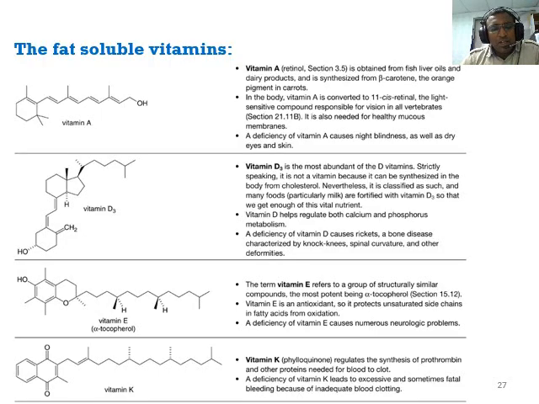Your skin can actually make vitamin D, and it is very much relevant in making strong teeth and bones. Then you have vitamin E, also known as tocopherol or tocotrienol. This is found quite a lot in our palm oil, and it is able to serve as an antioxidant. You know, antioxidant, you don't want oxidation of your protein, your carbohydrate. If it happens, then it could lead eventually to even cancer.